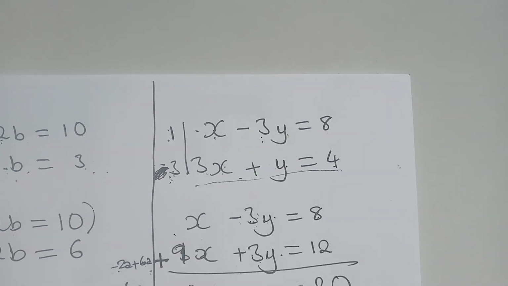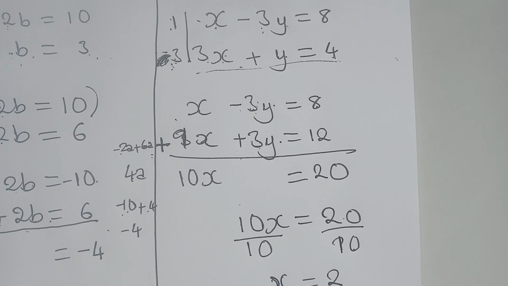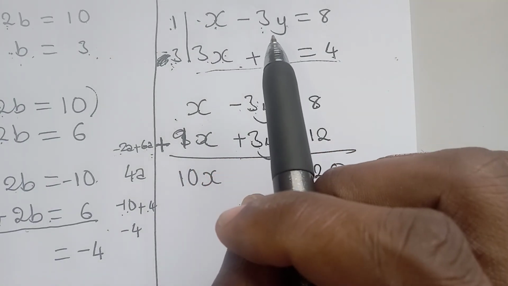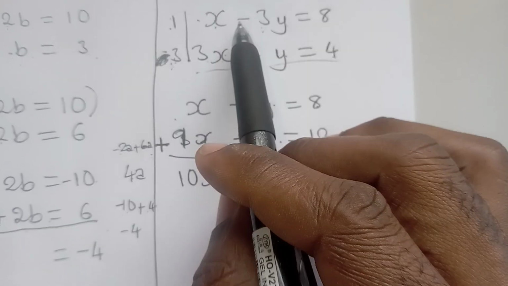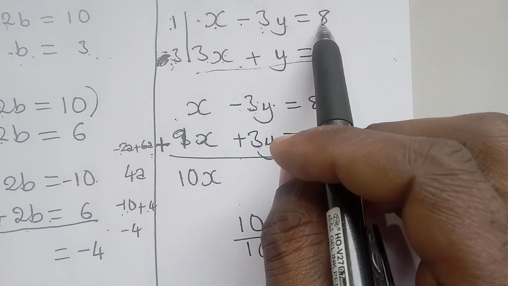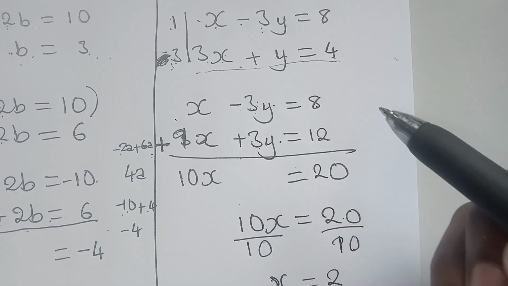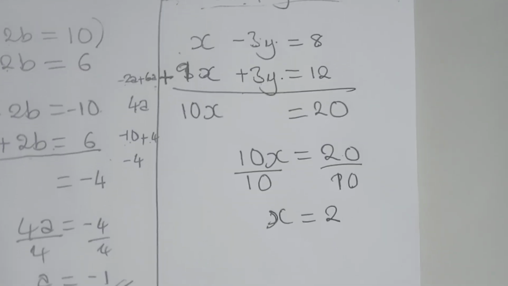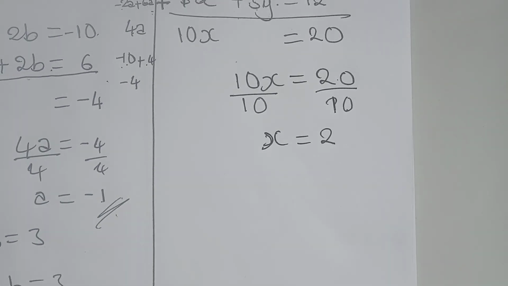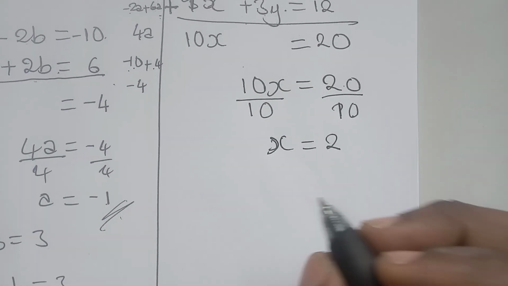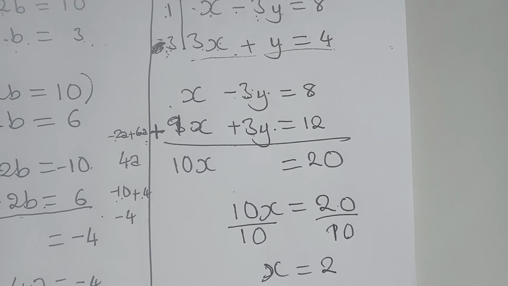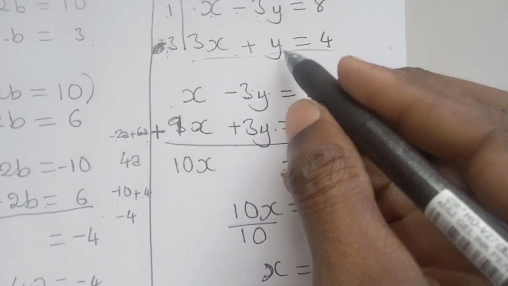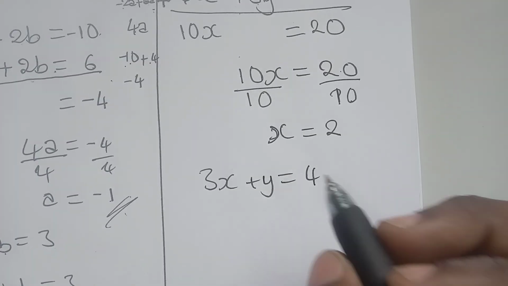I'll go with the second one because it has fewer negative numbers, and the first one has negative numbers, and we have an 8 there, which is bigger than 4. Anyway, I'll use both for this particular example so that you can have both methods. So we have 3x plus y is the same as 4 as our second equation.